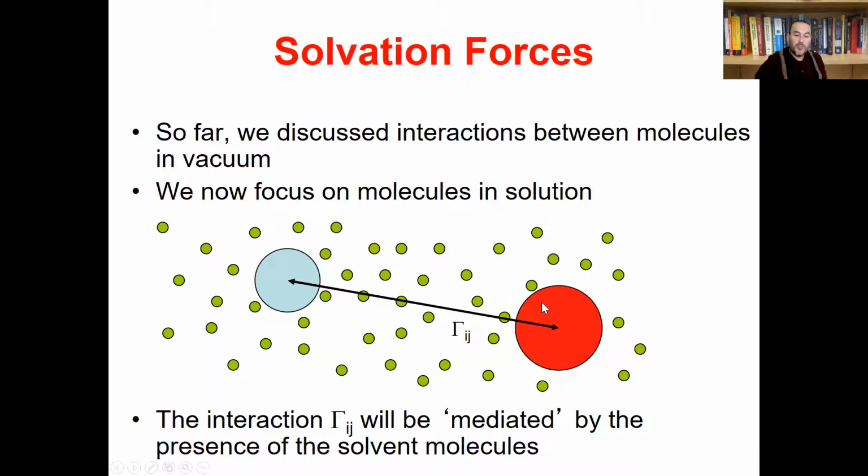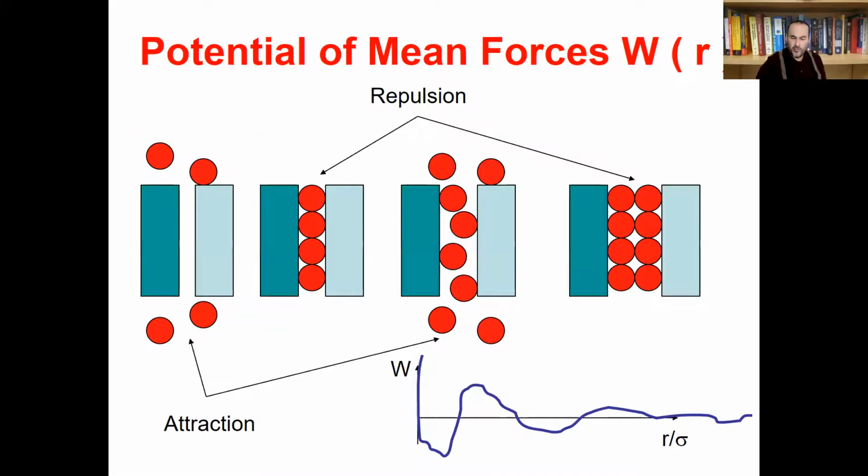So the potential will be mediated by the presence of the solvent molecules, and this is the potential of mean force, expressed as a multiple of sigma, the thickness of one molecule.